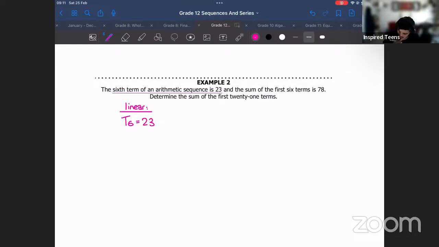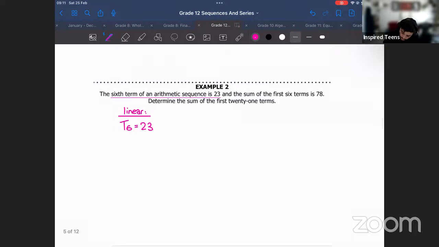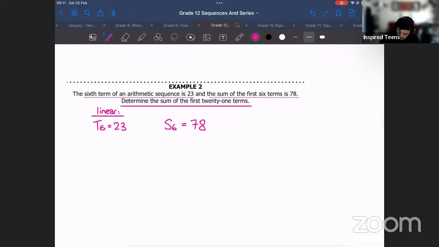And the sum of the first six terms, okay, so they're all for linear, it doesn't matter. However, they say the sum of the first six terms is 78. So S6 is equal to 78. Determine the sum of the first 21 terms. So remember, in order to calculate the sum of the first 21 terms, you're going to have to calculate S21.